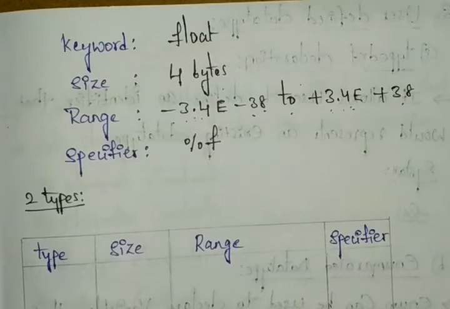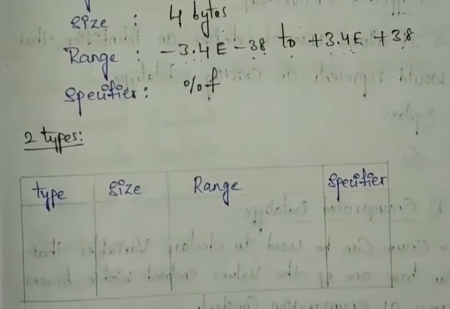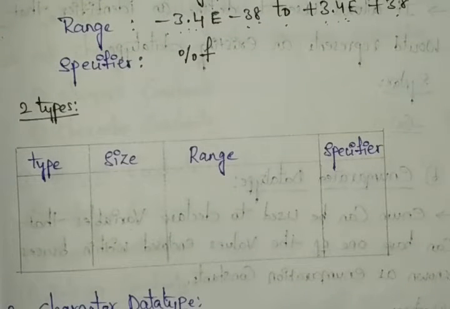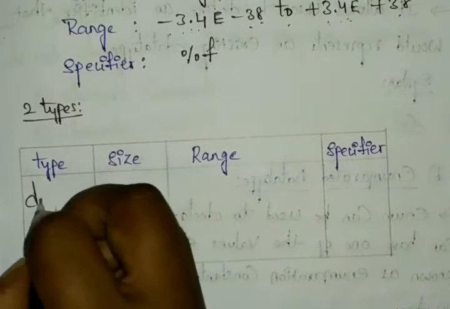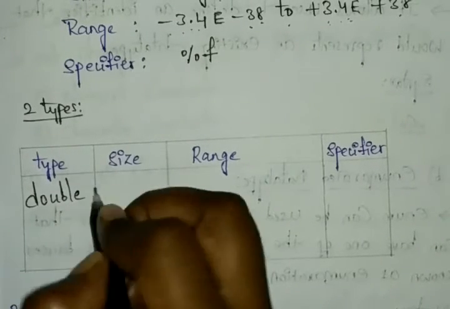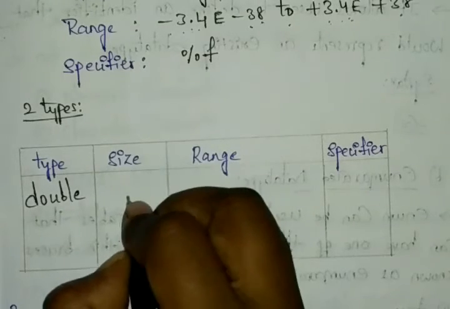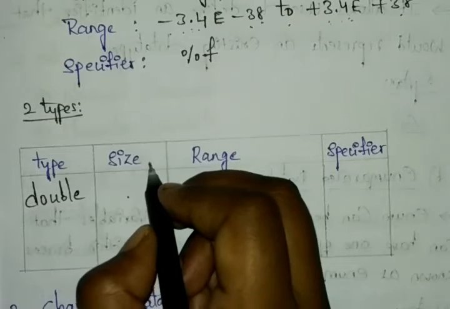And next, these float data types are of two types. Or else you can mention it directly. We have two types: the double data type and the long double data type. Here I'm mentioning the double data type. This double data type has 8 bytes of memory compared to the float data type.